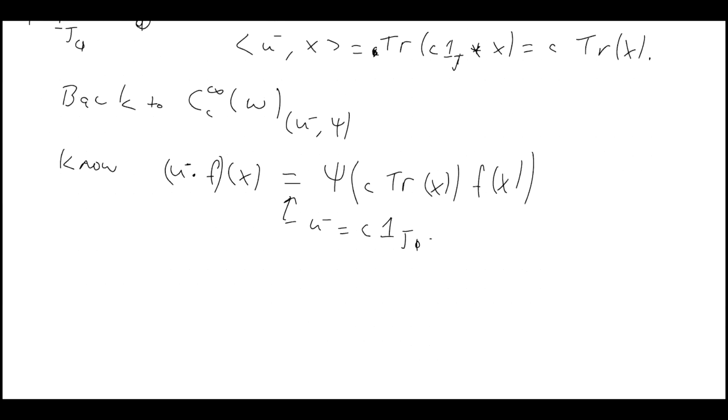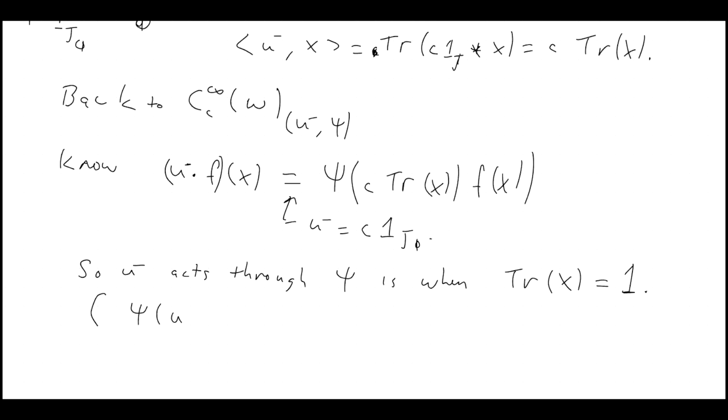So really the only time that U minus acts through psi is going to happen when the trace of X is equal to 1. Here, the point being that psi of U minus is just going to be psi of C. All right, so this is the reason why we're seeing the trace one elements appear in this co-invariance calculation.